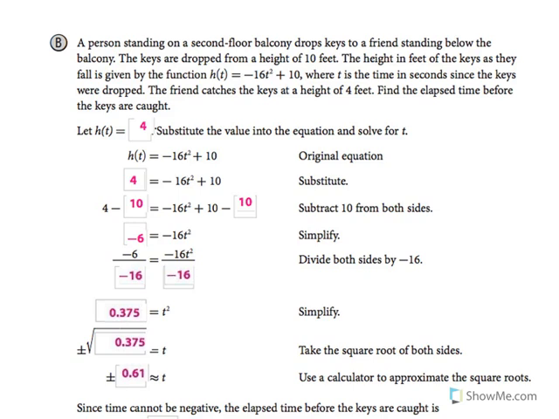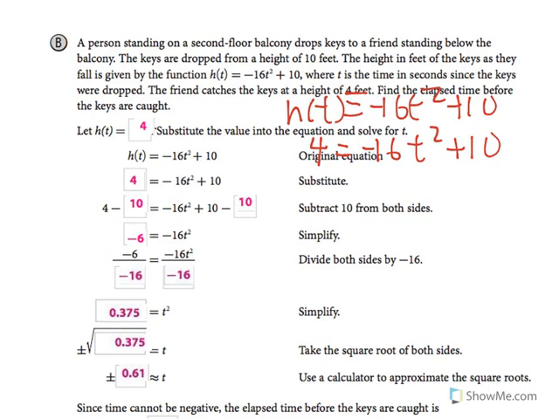Right, so here our equation is h of t equals negative 16t squared plus 10. The friend catches the key at 4 feet. That means you're going to have 4 equals negative 16t squared plus 10. To solve for t, we subtract 10 from both sides.